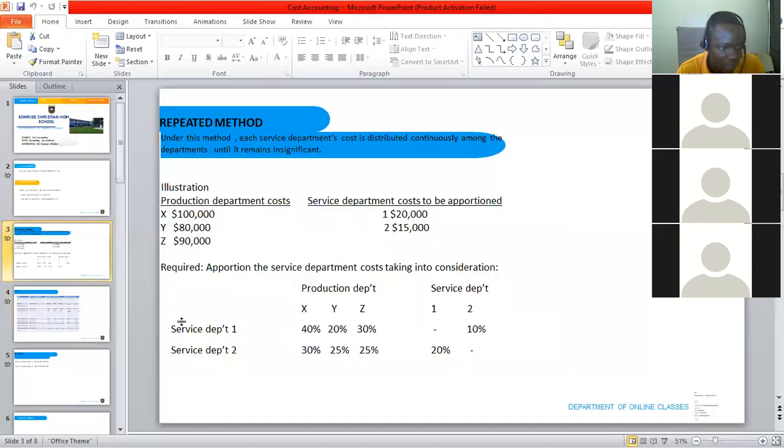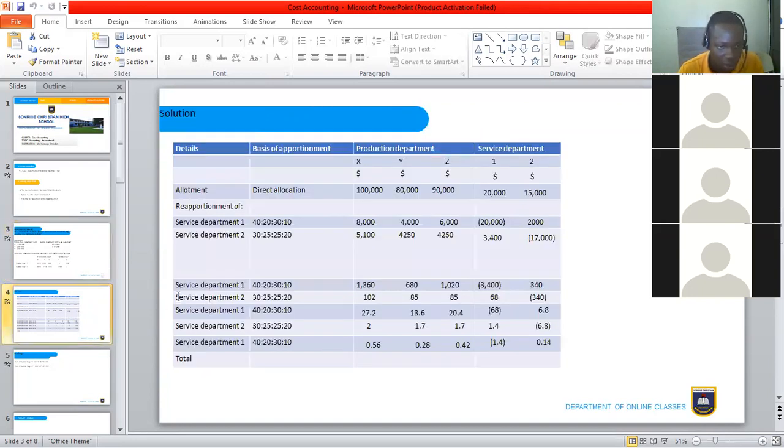From the question, for service department 1 costs, we are supposed to find 10% of the service department 1 cost, and you can see there 10%. Service department 1 is nil, that is what we are sharing, so it's a dash. You get it? So for service department 2, we are supposed to find 10% of that.